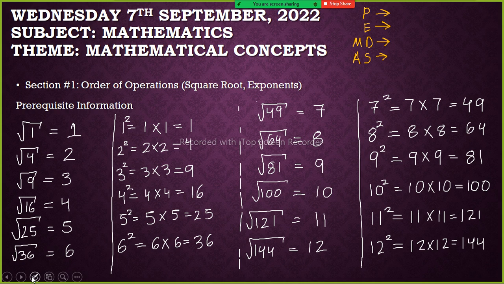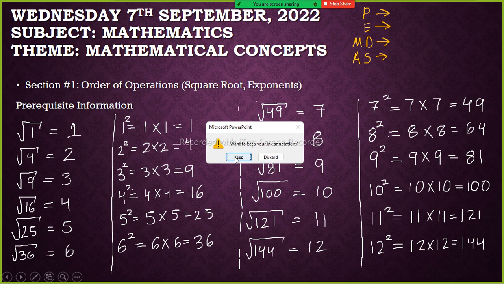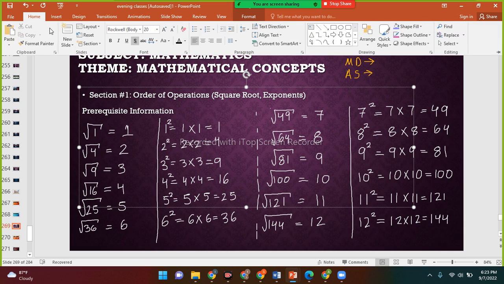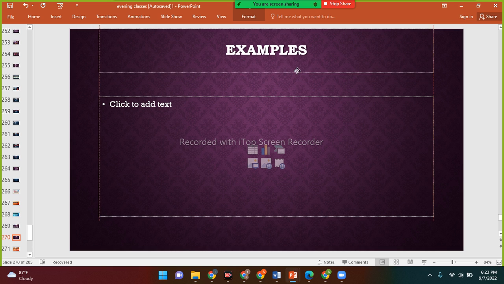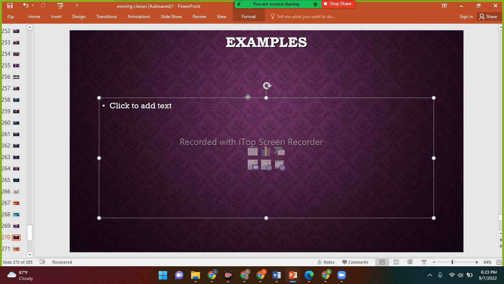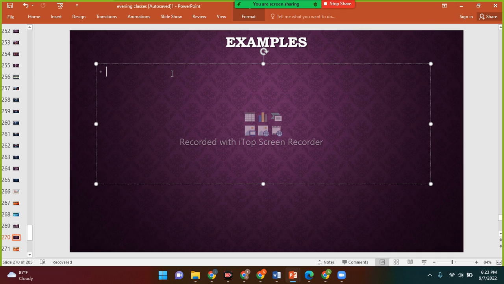So let's begin with our first example. Example number 1. We call that acronym PEMDAS, or some people know it as BODMAS, BIDMAS.